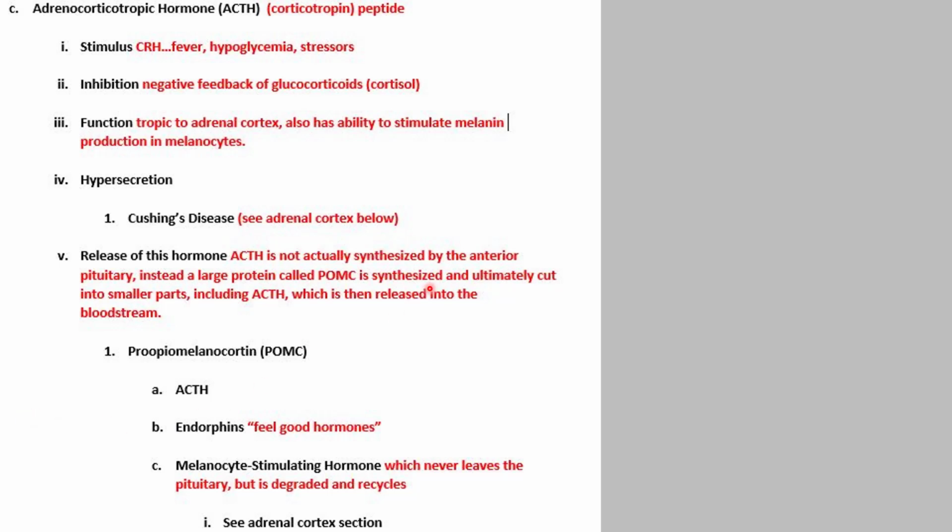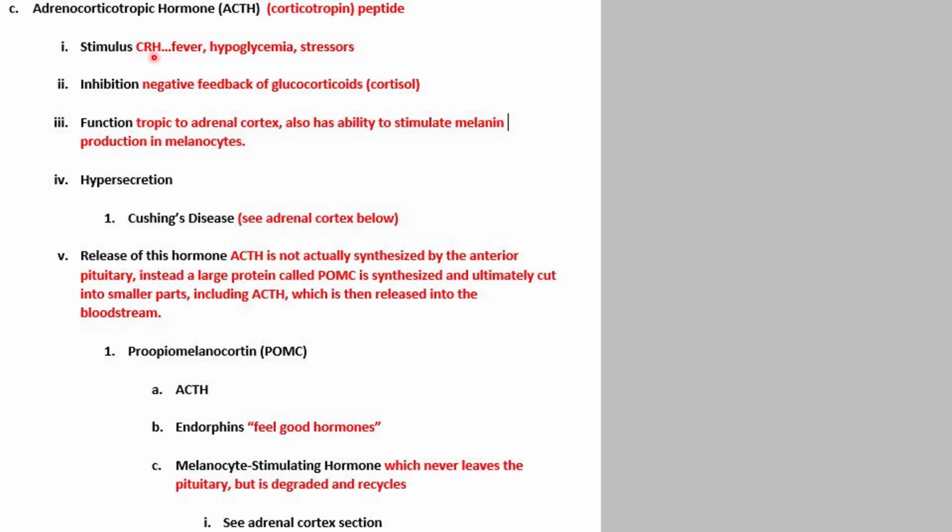So what we end up with ACTH, let's talk about this ability to stimulate melanin. Let's talk a little bit about Cushing's disease in just a moment. Let's look specifically at how ACTH is released from the anterior pituitary, because it's true to say that CRH causes the release of ACTH, but there's way more to it than that.